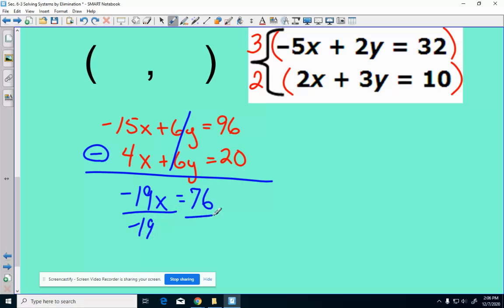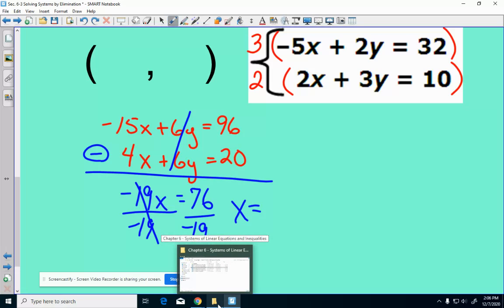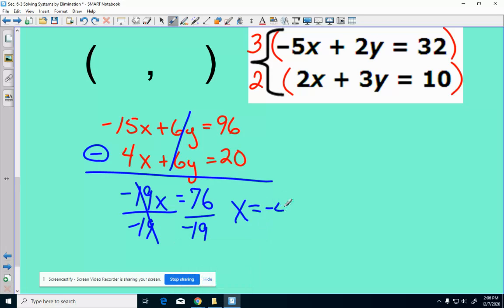So if I divide both sides by negative 19, I'm going to get x is equal to, got to use my calculator, sorry, 76 divided by negative 19 is negative 4. So x has a value of negative 4.